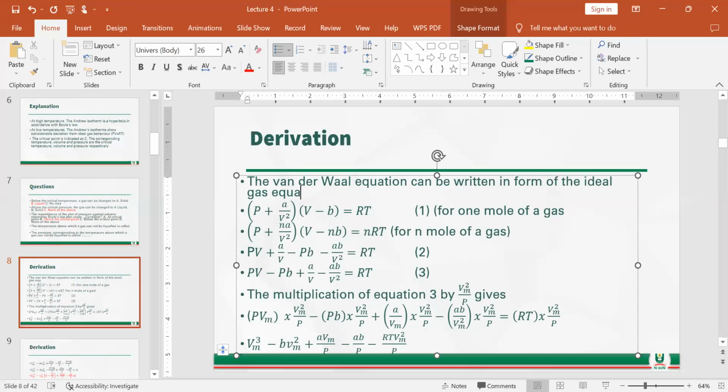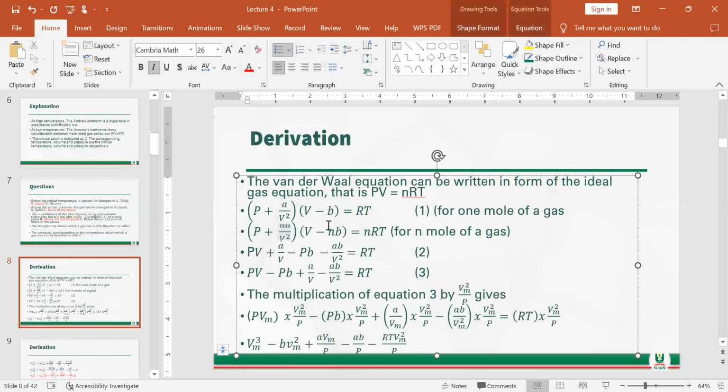That is PV equals nRT. That's the basic ideal gas equation. So now what is P? The actual pressure exerted by the real gas is now P plus a over V squared. That's P plus an squared over V squared if it is more than one mole. That should be an squared.